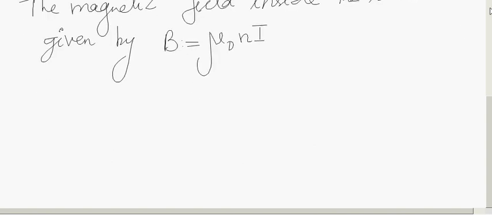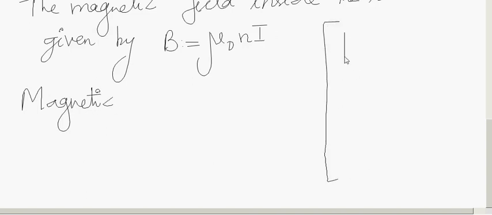Now the magnetic flux linked. Why I am doing all this is my idea is to find out self inductance. So L is phi by I. I want to know what the flux is. That is why I have written the magnetic field, and now I can calculate the magnetic flux.